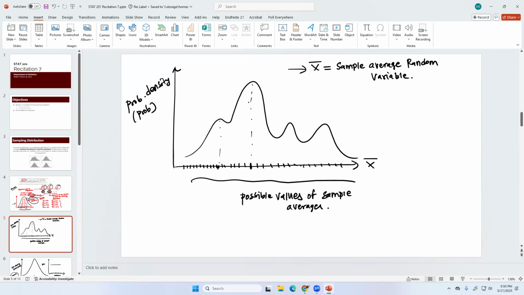This guy also has a pretty high probability. So this is also your sampling distribution, right? Sampling distribution, in very simple words, is how the possible values of a sample average are distributed, okay? That is what the sampling distribution tells you.